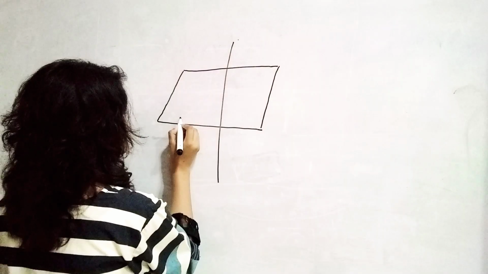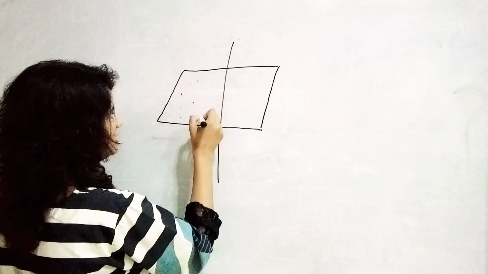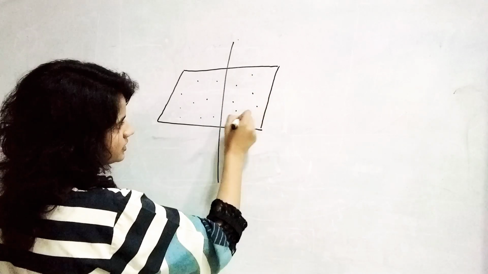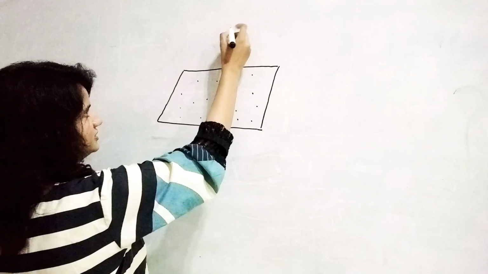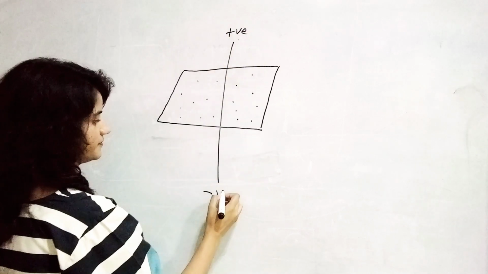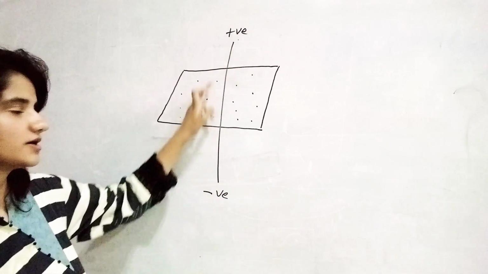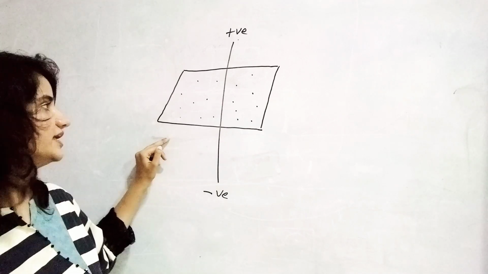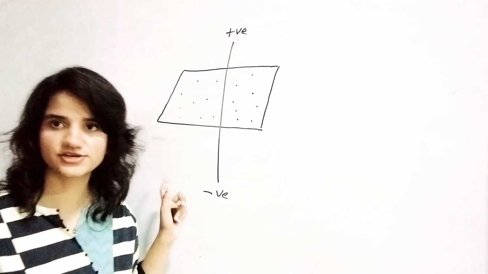We have placed some iron filings over that cardboard. This is the negative terminal, this is the positive terminal. The current carrying wire and cardboard are placed at a right angle and the iron filings are placed over it.